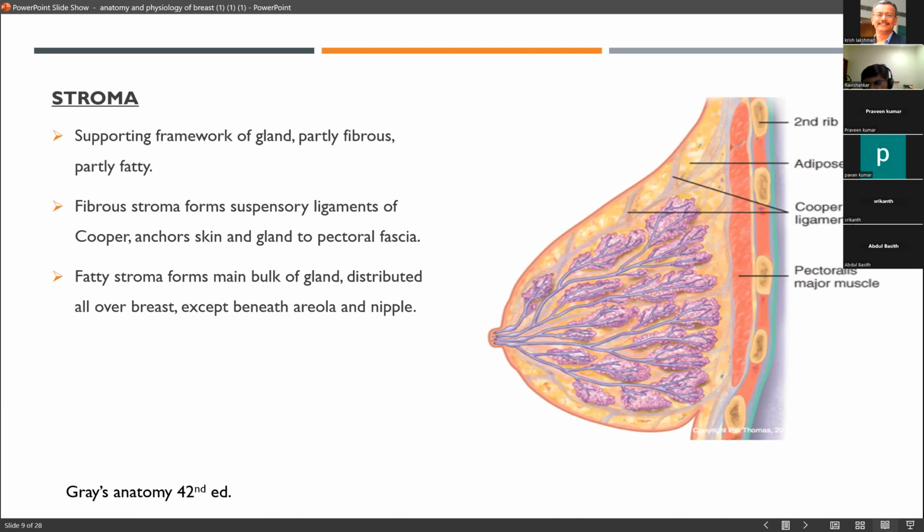Correct. What is the difference between tethering and fixation? Sir, exactly fixation, the breast lump won't, sir. I don't know exactly, sir. Okay. Indraja, do you know tethering and fixation?